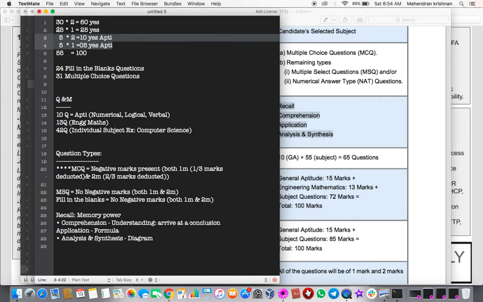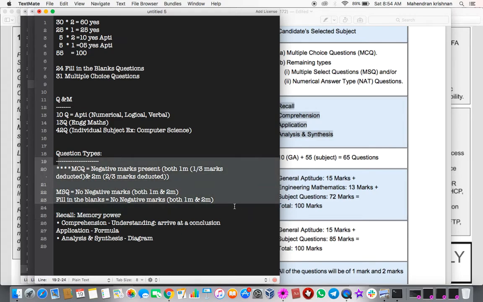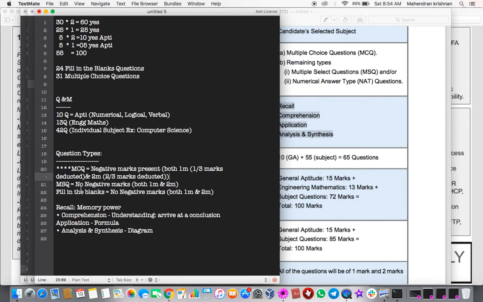In engineering maths, if we study this subject, then 13 marks are guaranteed. The point here is we need to apply negative marking. MSQs we can just attempt without any risk, so we can attempt all the MSQs.